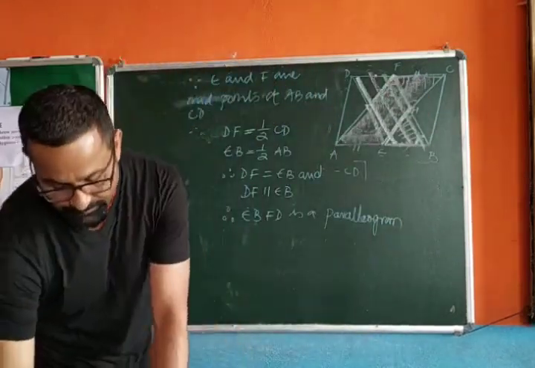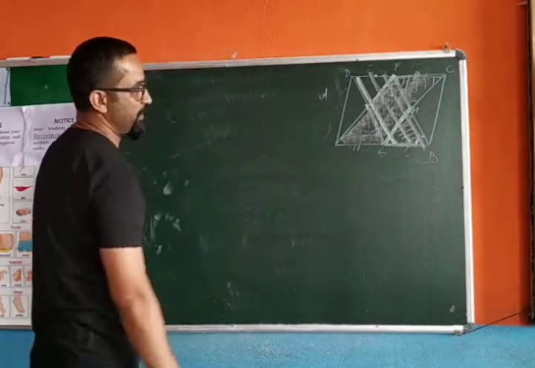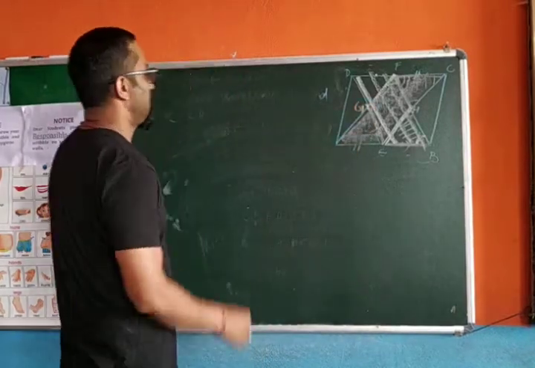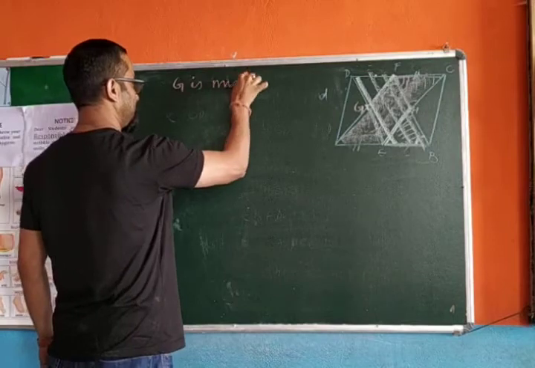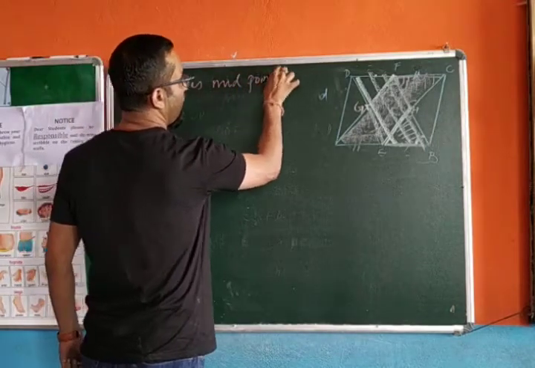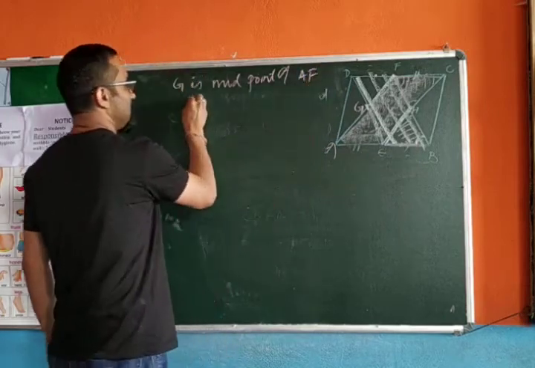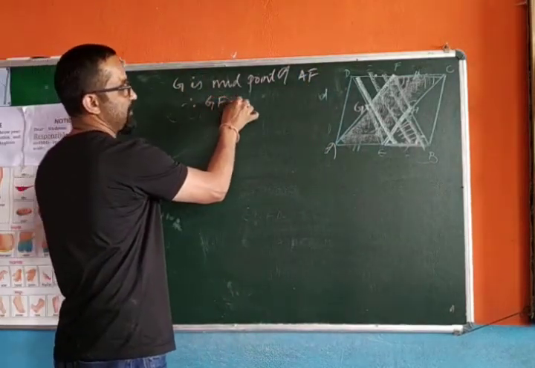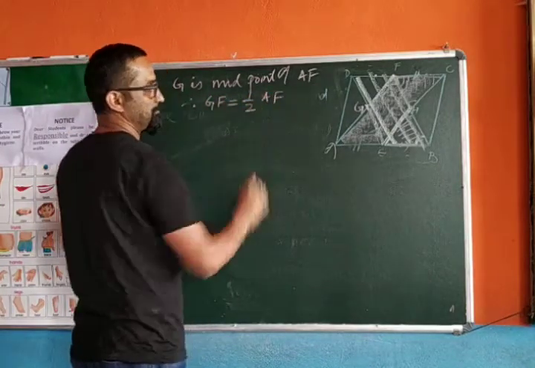Now, since G is the midpoint of AF, therefore GF is equal to half of AF, first part.